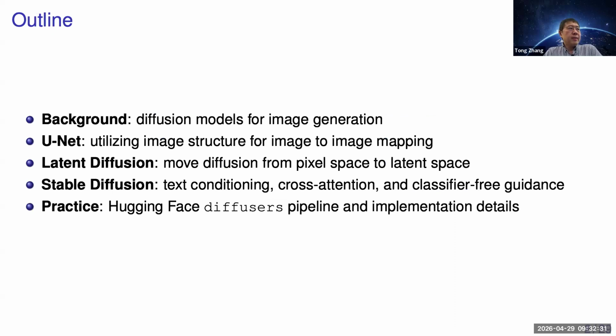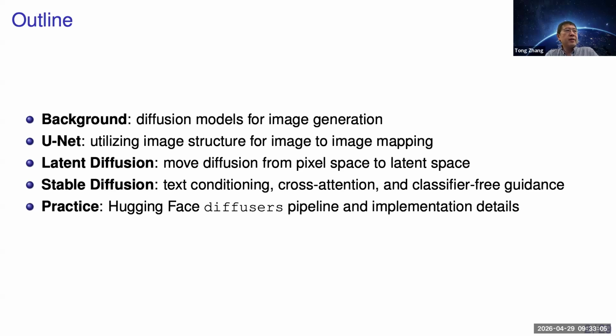Yeah, so I will talk a little bit about the quick background, quick recall of the diffusion model, as well as how you want to use that for image generation. Then I will talk about the architecture, which is a UNet that can be used to do this noise prediction network for images. Then there is latent diffusion, which basically tries to reduce the computational cost.